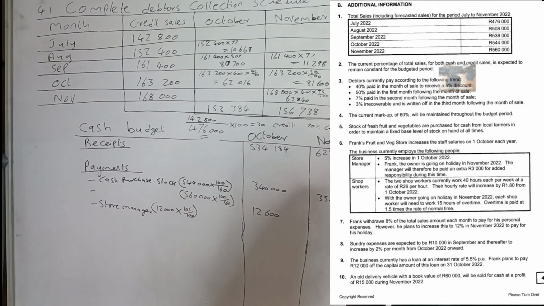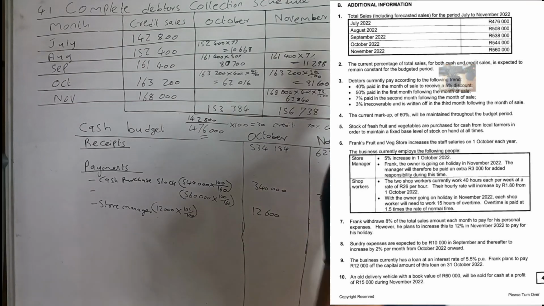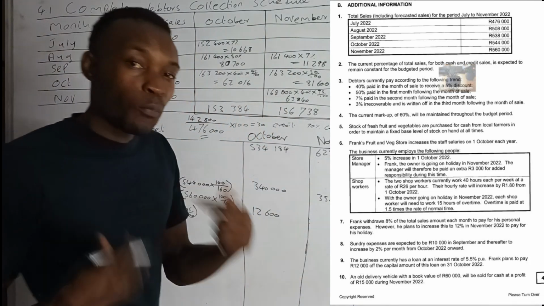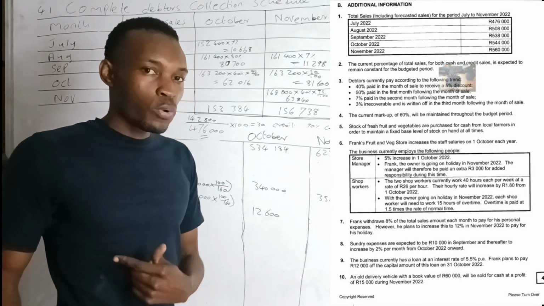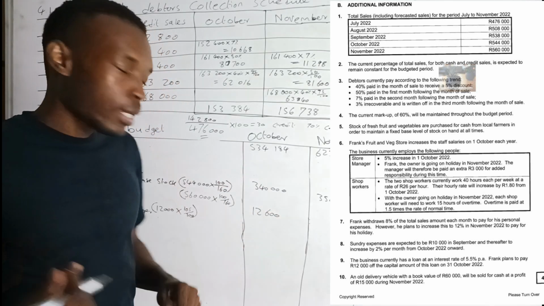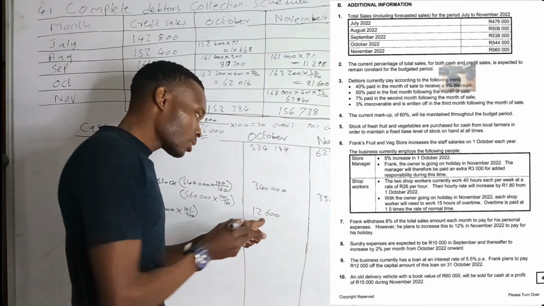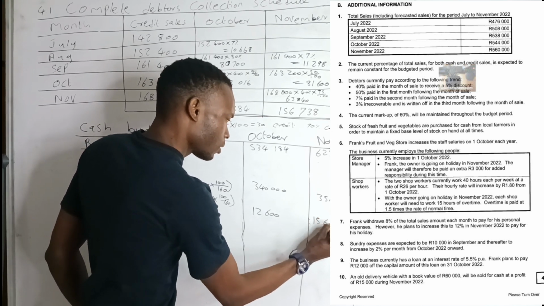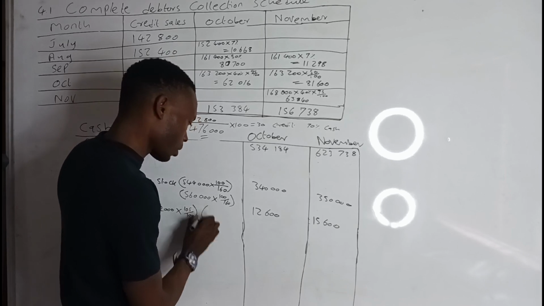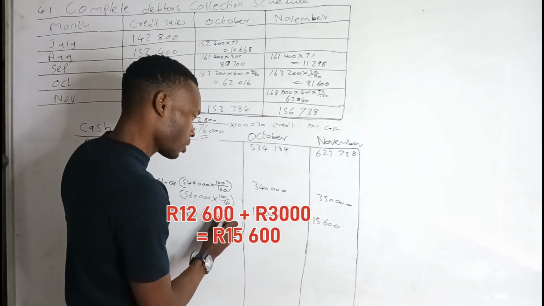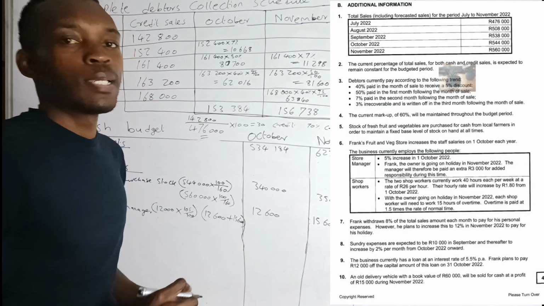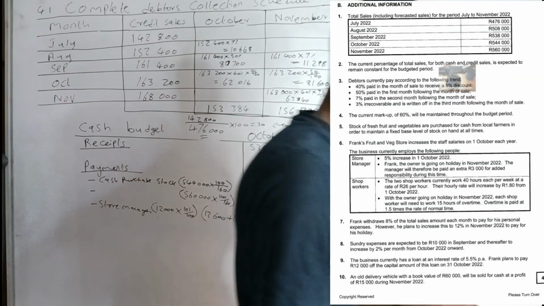Which means that because the owner is going to leave, this store manager is also going to do some work that's supposed to be done by the owner, so he's going to earn an extra 3,000. 12,600 plus 3,000 is going to give us 15,600. You show the calculation like this: 12,600 plus 3,000, and you're going to get this answer. Very simple, grade 11. Very simple.